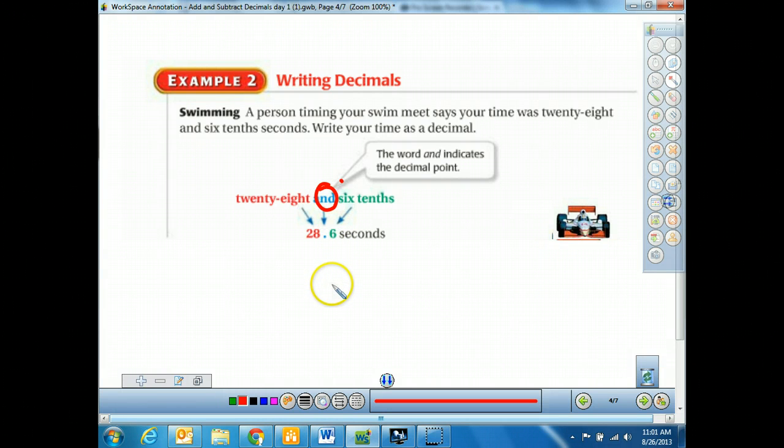So when we have 28 and, that means we have a whole number part and a decimal part. The 28 is going to come before, so 28 is our whole number, and 6/10 second. Well, we need to look at our place value. Tenths is our first position, so that's where our 6 is going to go. So 28 and 6/10 seconds would look like this.